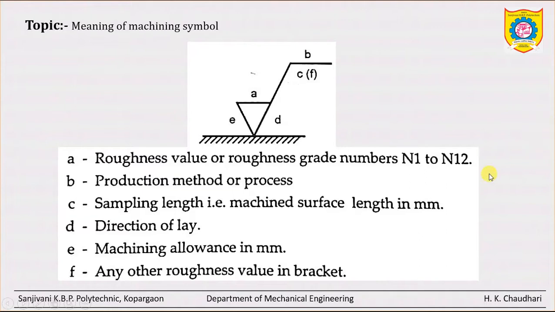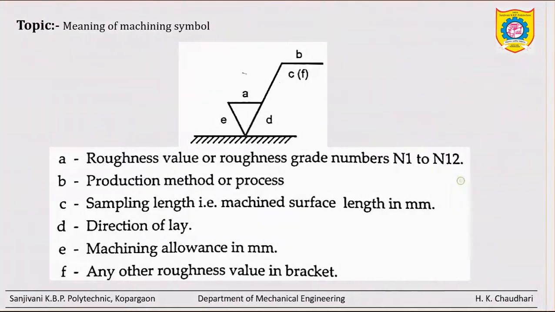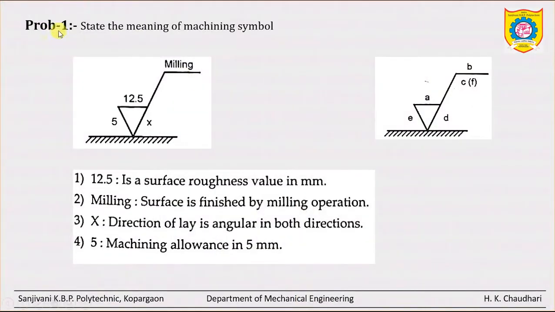Now there will be some problems asked in the examination for 4 marks. We will see some problems. So problem 1 is: state the meaning of machining symbol, and such a figure will be given in the exam. So now instead of alphabets A, B, C, D, some values or symbols are written.